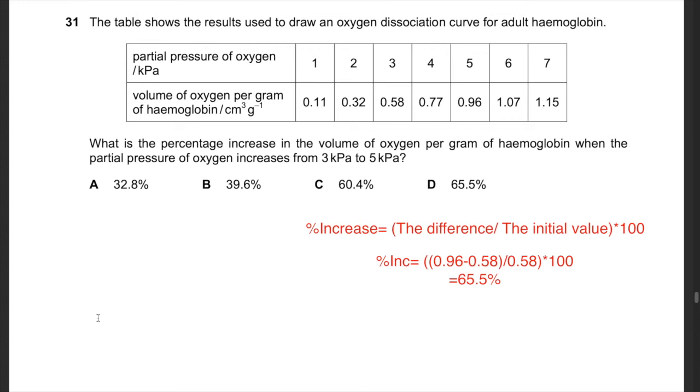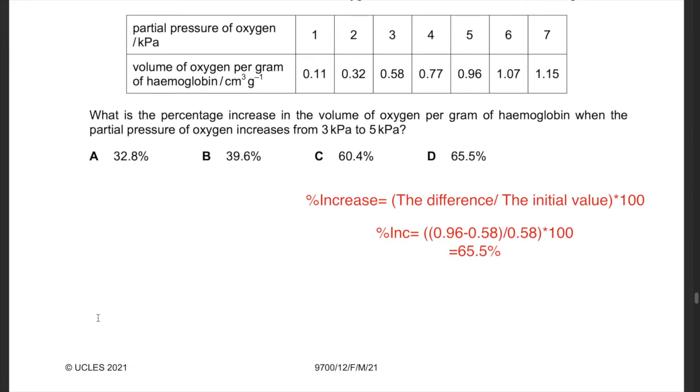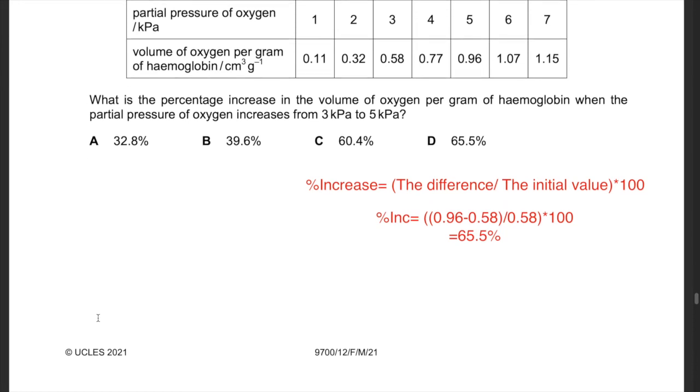So at 3 the volume of oxygen per gram is 0.58 and at 5 it is 0.96. The percentage increase is found by the difference upon the initial value into 100. Therefore 0.96 minus 0.58 upon 0.58 into 100 will give you 65.5%, which is D.